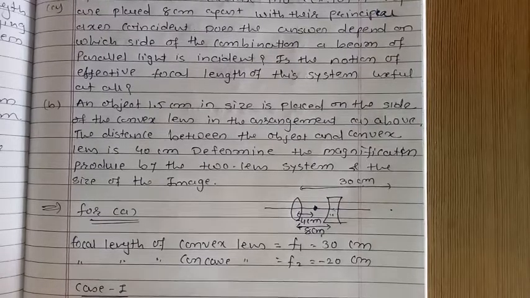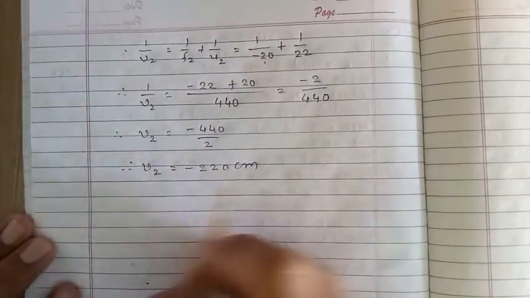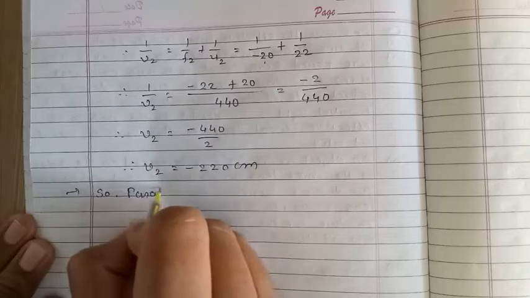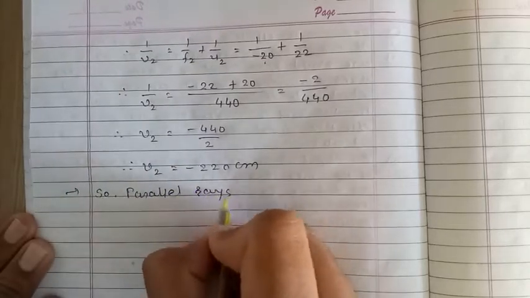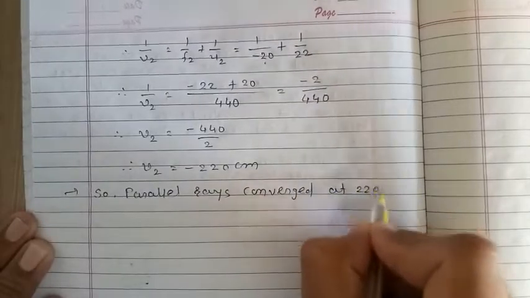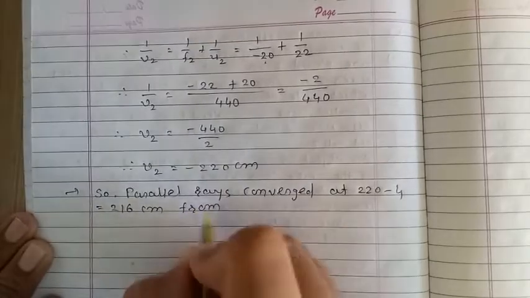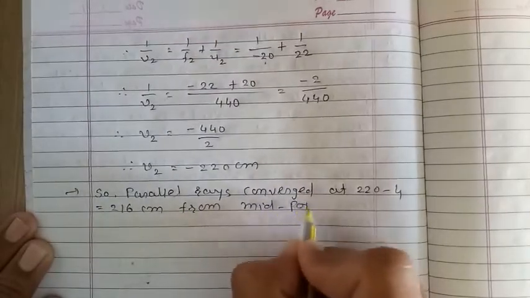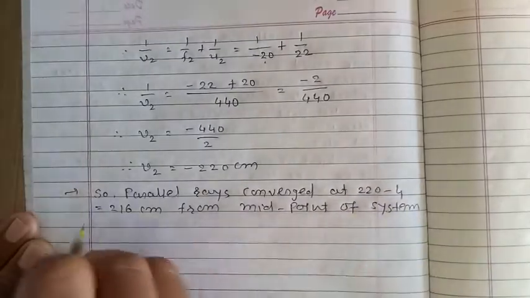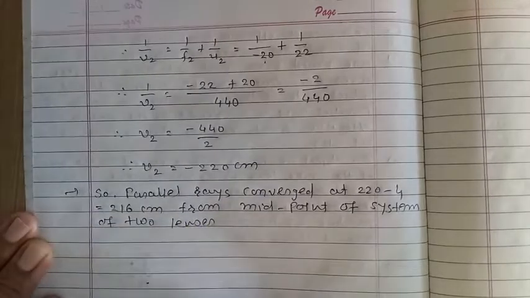Okay, so we can write this: parallel rays converge at 220 minus 4, which is equal to 216 centimeter from the midpoint of the system of two lenses.